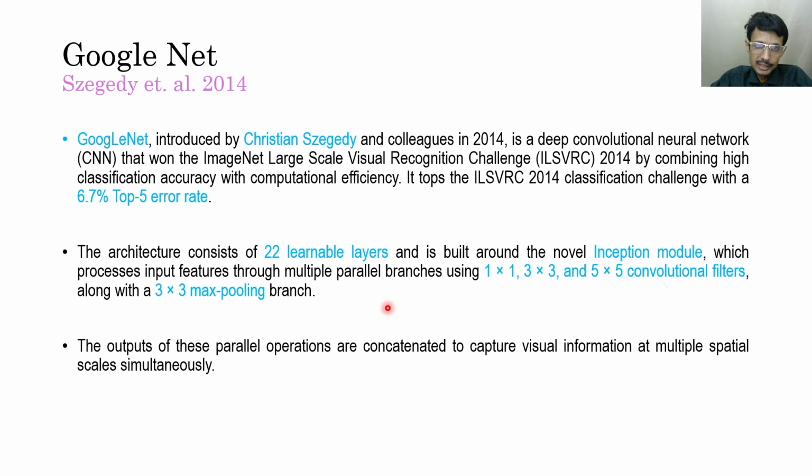Sometimes it is a very small scale where high texture or high frequency components dominate, and sometimes it is a higher scale. So multiple scales matter here. We'll see in the subsequent slides how GoogleNet utilizes these concepts.